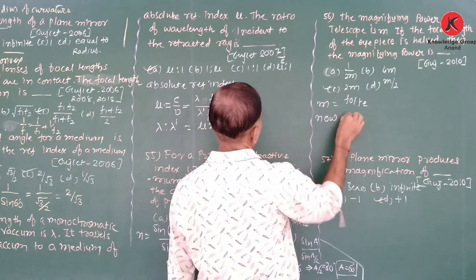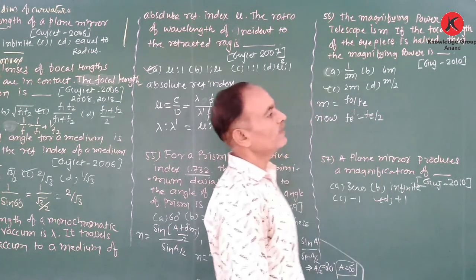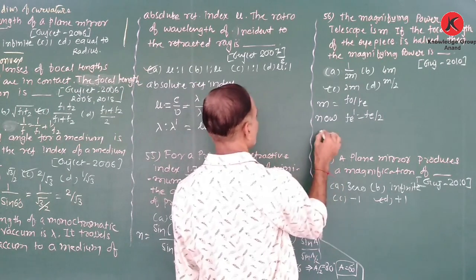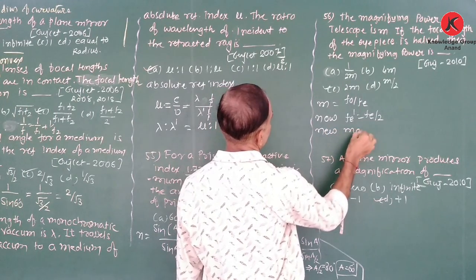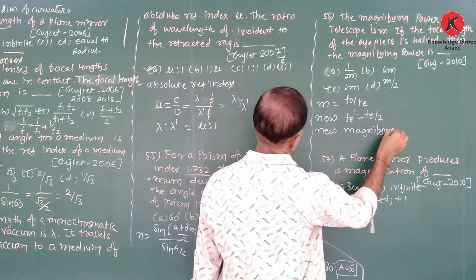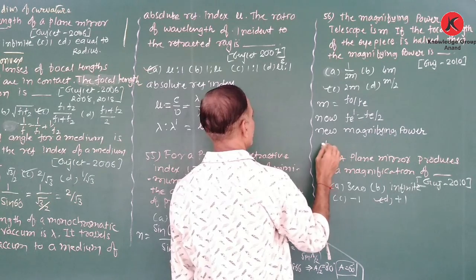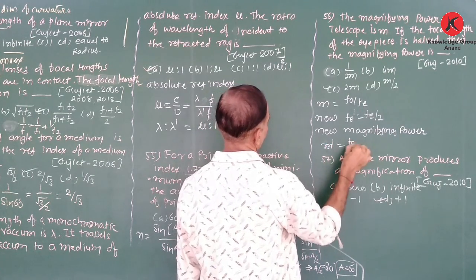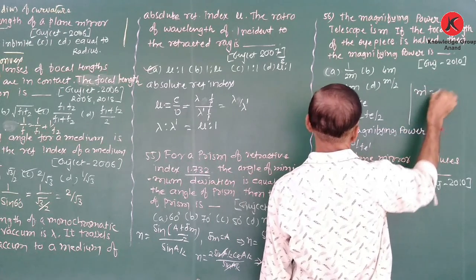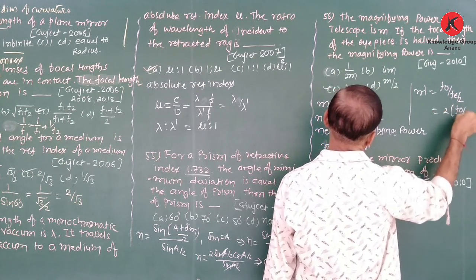Now f e dash is half of its original value, so the new magnifying power m dash is equal to f o upon f dash, which is f o upon f by 2, that means 2 f o upon f.